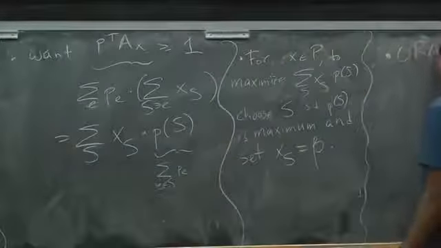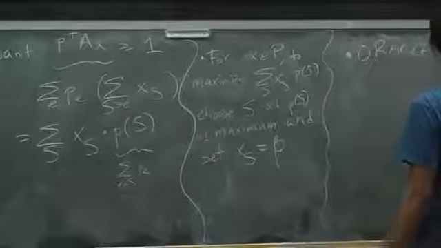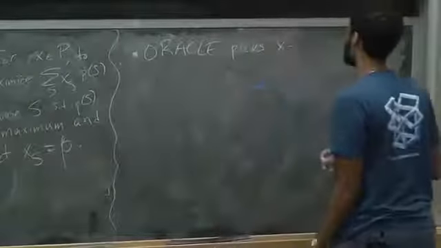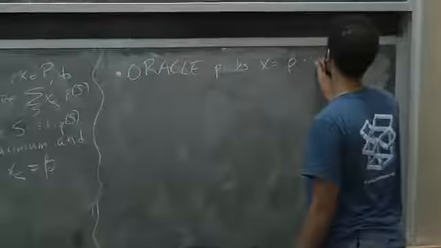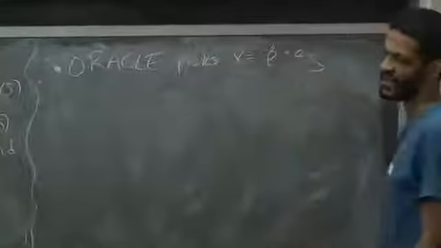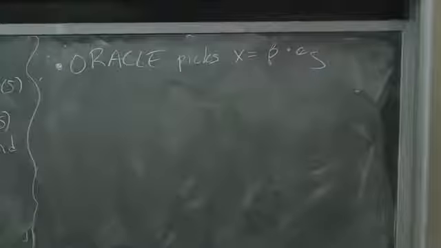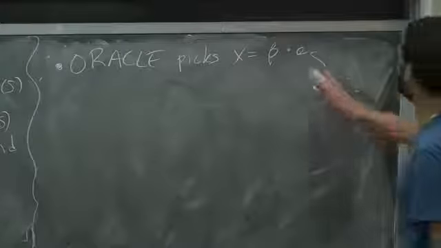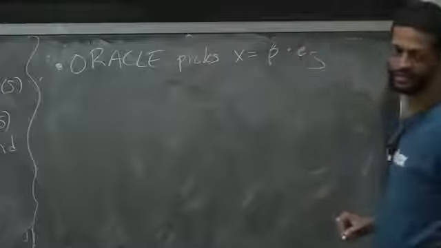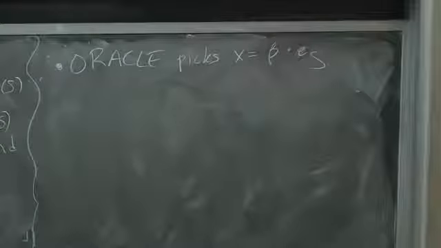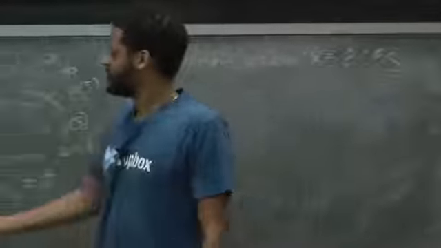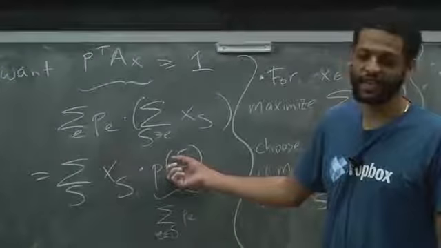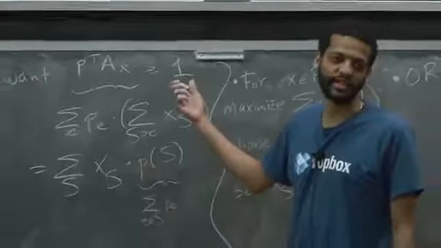So the oracle picks x to be beta times the Sth standard basis vector, let's say. Yeah, sorry, this is the Sth standard basis vector. Okay, and then that'll give you some value. It'll give you beta times p of S. And if that's less than 1, it's just going to say it's infeasible.